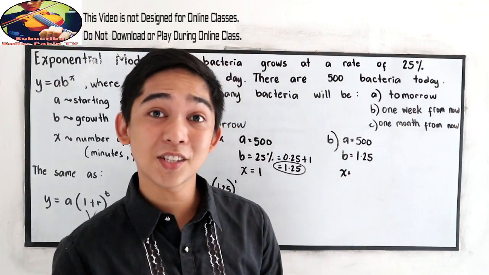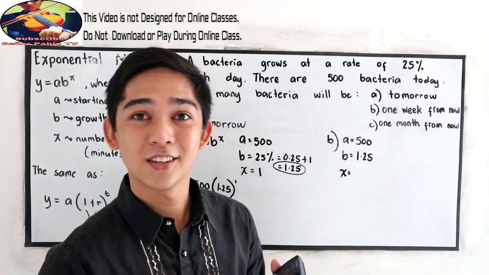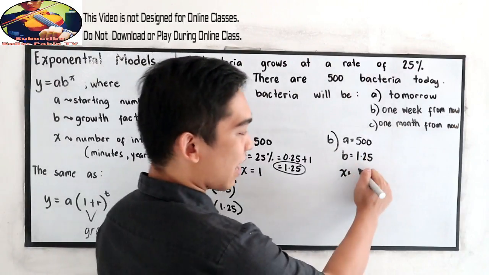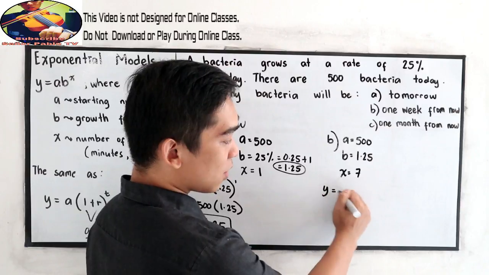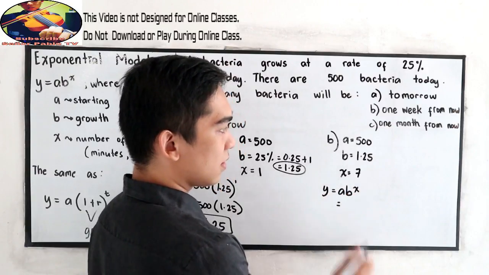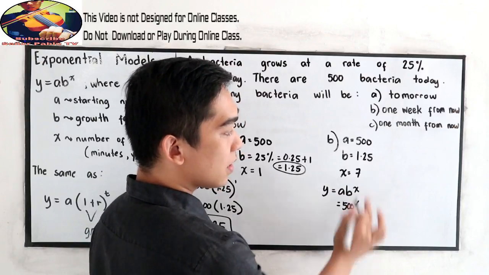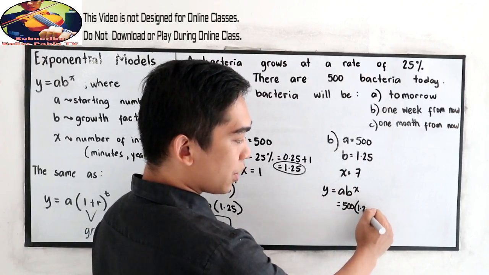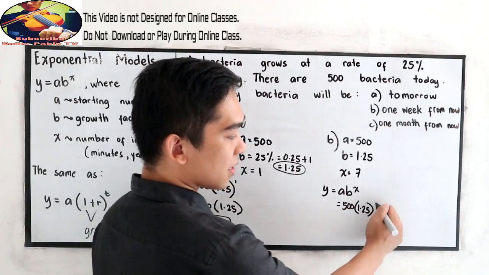How many days in a week? There are 7, so we will use 7. So Y is equal to AB raised to X. A is 500 times our B, 1.25, then our X is 7.